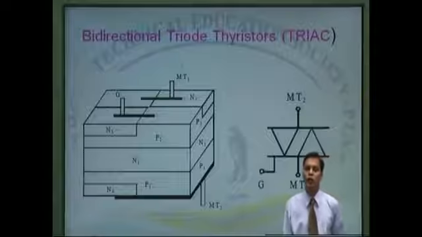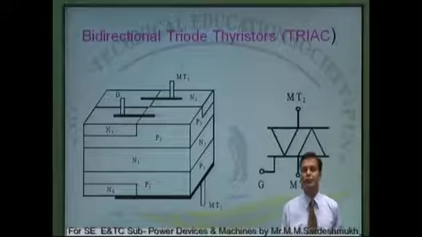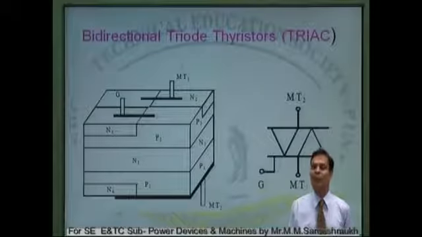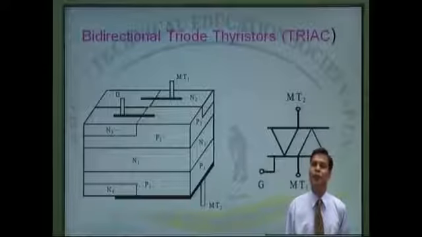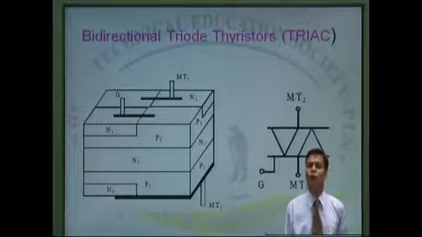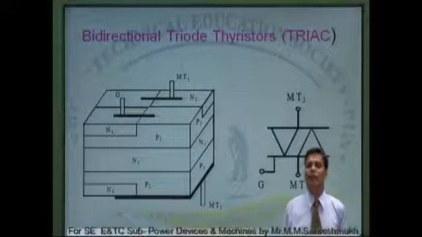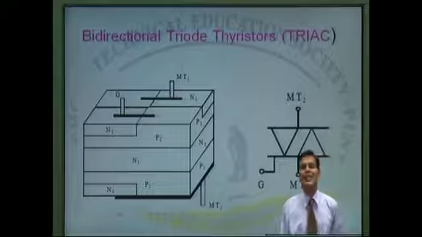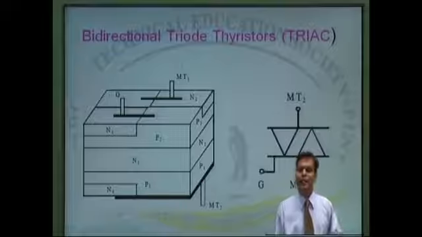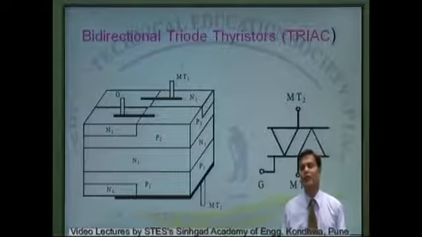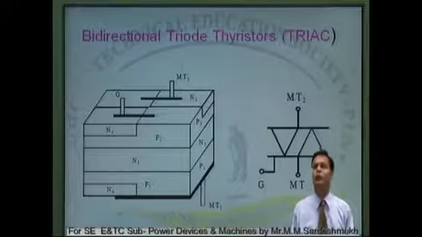So you are observing here the structure of a triac, that is the terminal MT1 is connected to N2 and P2 layers of the triac. MT2 is connected to N4 and P1. The gate is taken from P2. So you will observe that every terminal is taken from two different types of layers, and the total layers are P1, N1, P2, N2 and N3, N4.